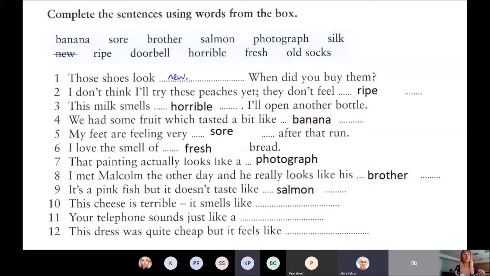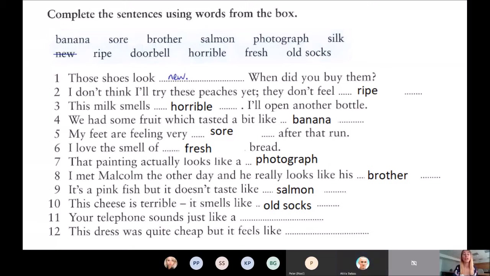So it's not salmon, but it has a similar taste. What about number 10? This cheese is terrible. It smells like old socks. Very good. Yes, it smells like old socks. So the cheese is not the old socks, but it smells like old socks.